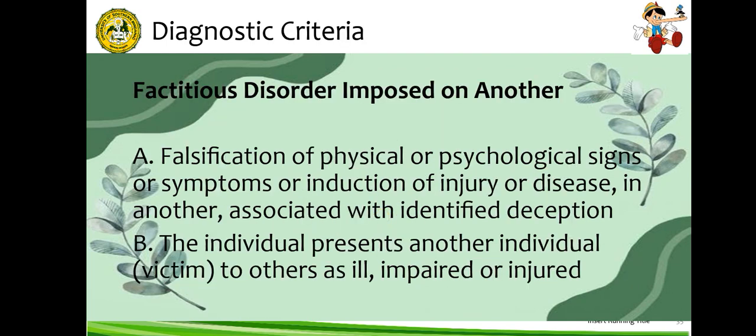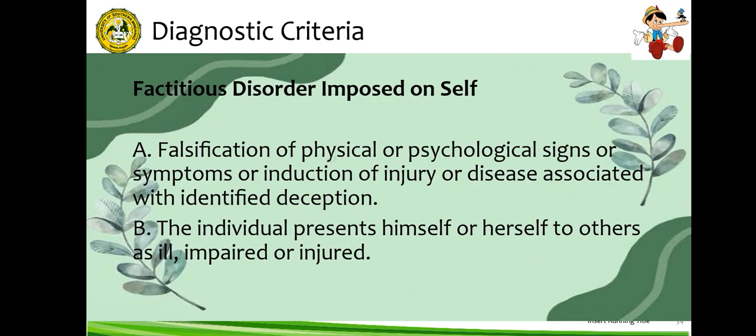Next, the deceptive behavior is evident even in the absence of obvious external rewards such as economic gain, avoiding legal responsibility, or improving physical well-being. The behavior is not better explained by another mental disorder such as delusional disorder or another psychotic disorder.